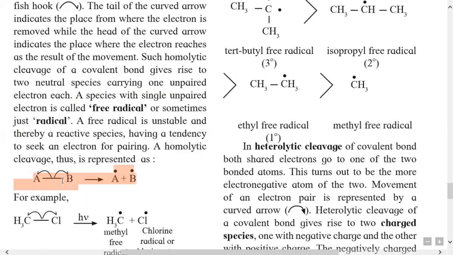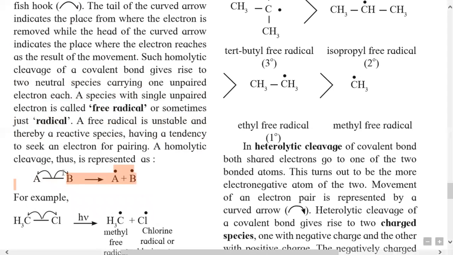Now in our textbook, the example is given as an AB molecule. This AB molecule is bonded with a single bond, and we know very well that a single bond is made up of two electrons. Out of these two electrons, one electron goes with the A atom and the other electron goes with the B atom. That is shown with a half-headed curved arrow, or fish hook.